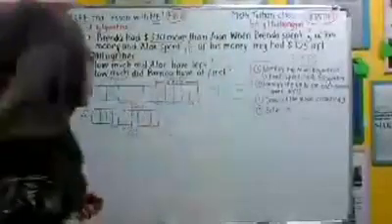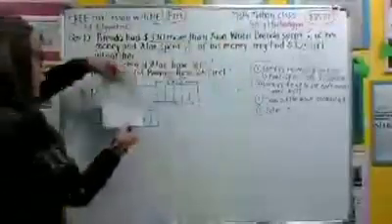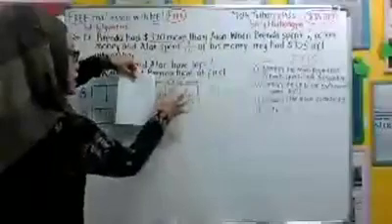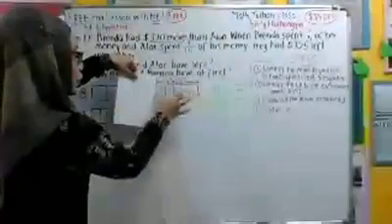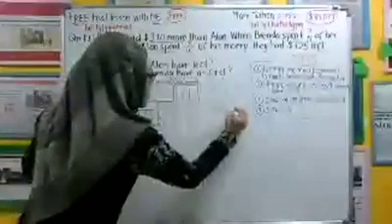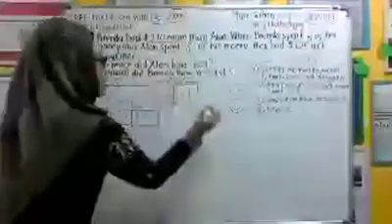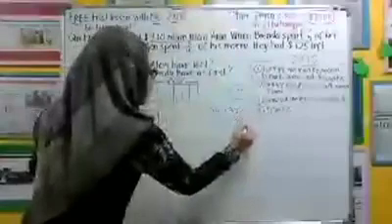Okay, if I were to cover all of this and just focus on this extra, can you see that 320 is 1, 2, 3, 4, 5 units? 5 units is 320. Okay, 5 units is 320. So 1 unit is 320 divided by 5. That will give me 64.